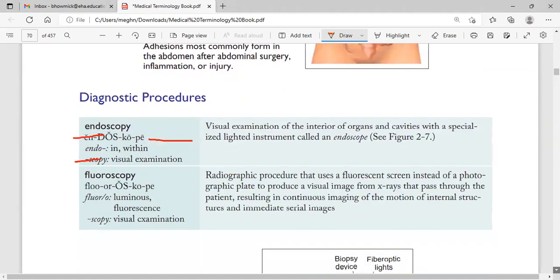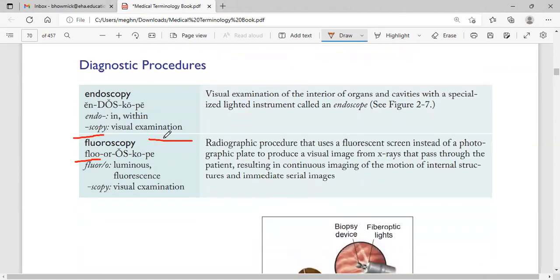And next here, endoscopy. Endoscopy means visual examination of the interior of an organ or cavity with a specialized lighted instrument called an endoscope. Fluoroscopy means luminescence, fluorescence, a visual exam.